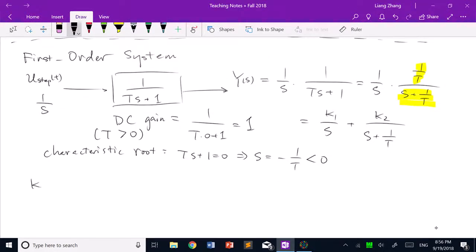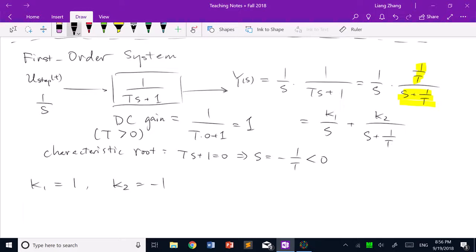It's very easy to obtain that k1 will be equal to, so you cover s, and then k1 will be equal to 1, and for k2 you do the opposite, right? And k2 will be negative 1.